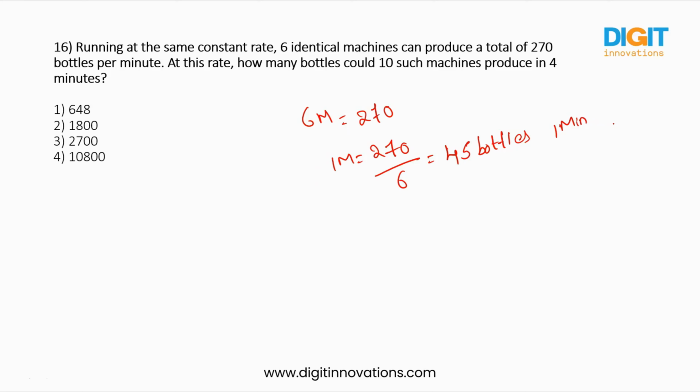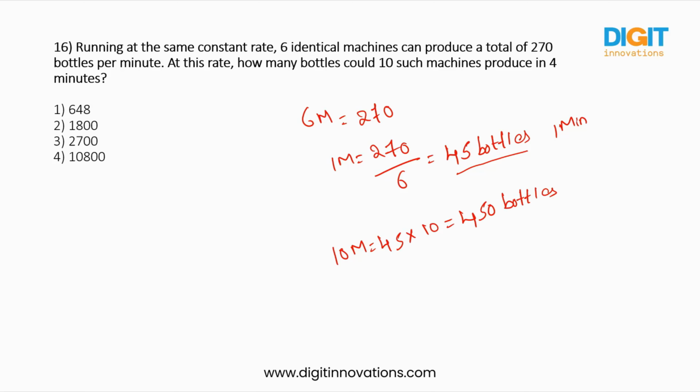This is the thing we had to find out. One machine is producing 45 bottles. If 10 machines, then it would be 45 into 10, which is 450 bottles. So it can produce a total of 450 bottles in 1 minute.